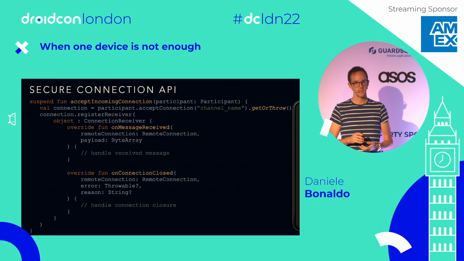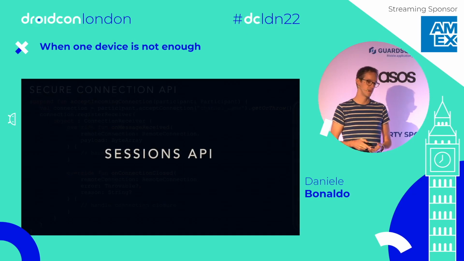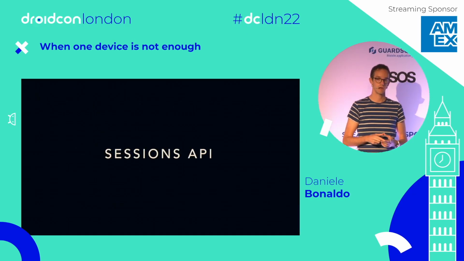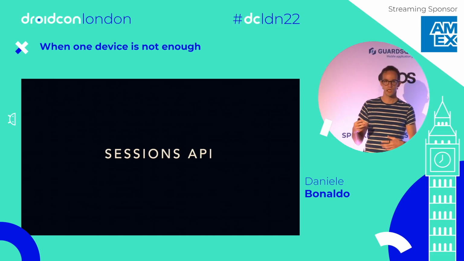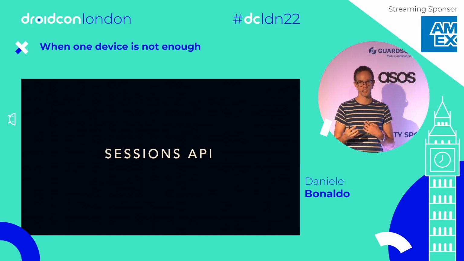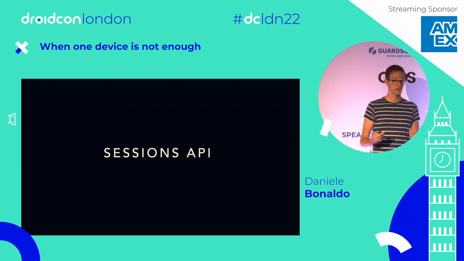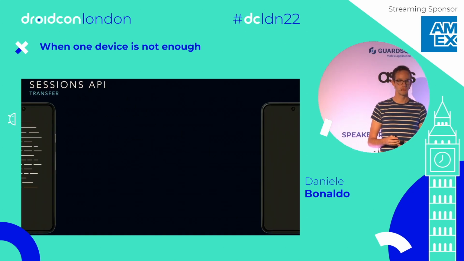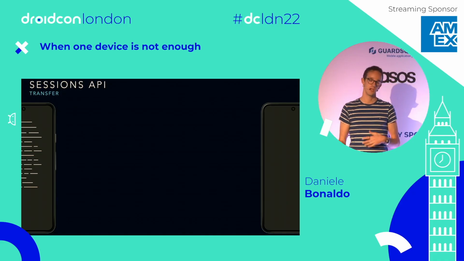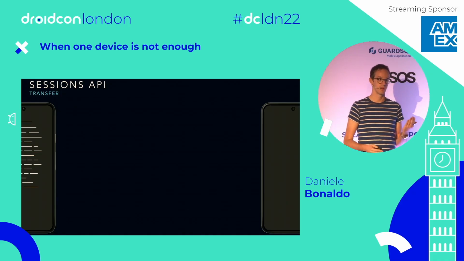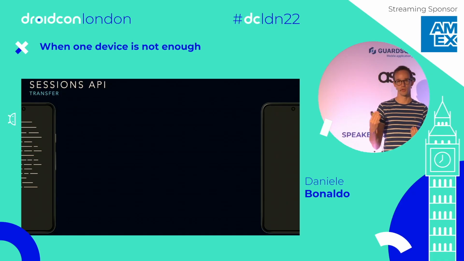Now, as I mentioned, on top of it we have the Session API, which uses both discovery and secure connection to have some more interesting approach and to cover some more specific use cases. The first of which is, for example, to transfer a session. Remember the example I showed you before? You are reading an article or a book on your phone and you want to continue on a tablet.